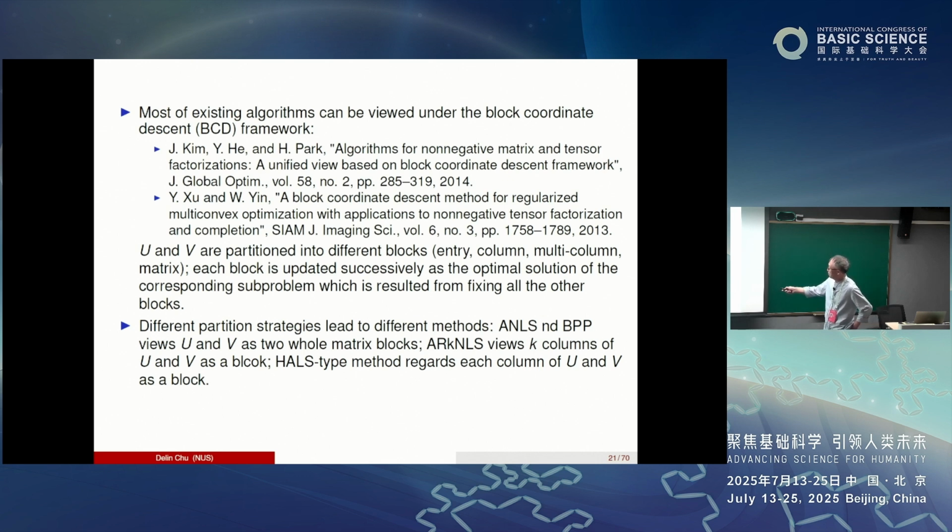Each block is updated as the optimal solution of the corresponding subproblem, which results from fixing all the other blocks. Of course, different partitions lead to different methods. For example, the alternating non-negative least squares framework, the BPP method, views U and V as two whole matrix blocks. Well, the ARK and AS methods view K columns of U and V as a block. The HALS method regards each column of U and V as a block.